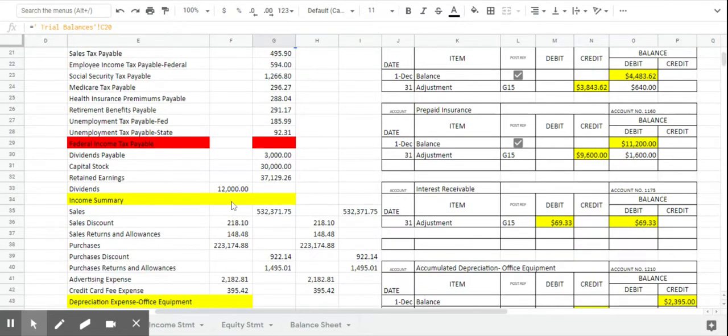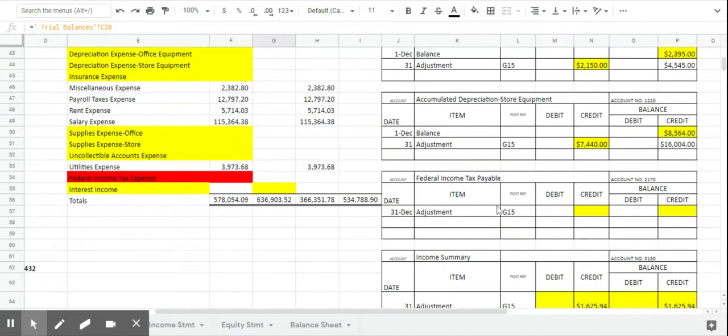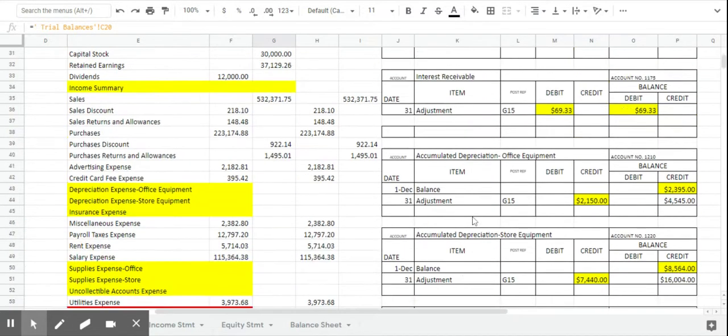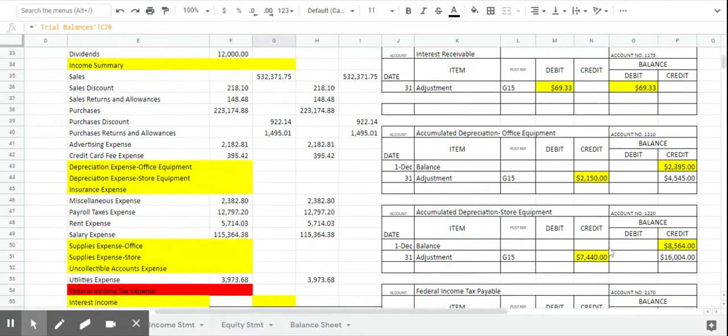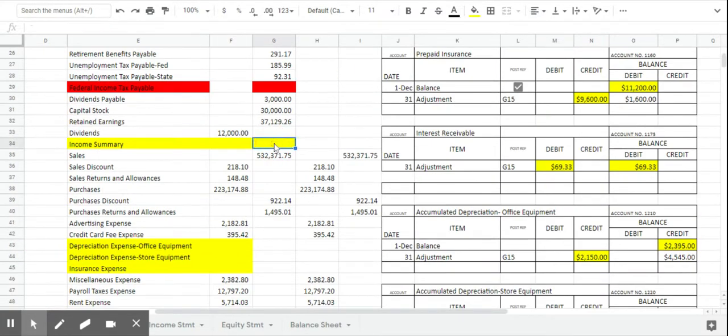We'll skip down to income summary. Now notice income summary could either be a debit or a credit, depending on what happens with merchandise inventory. In this case, income summary is 1625.94 on the credit side, right? Yep. 1625.94.